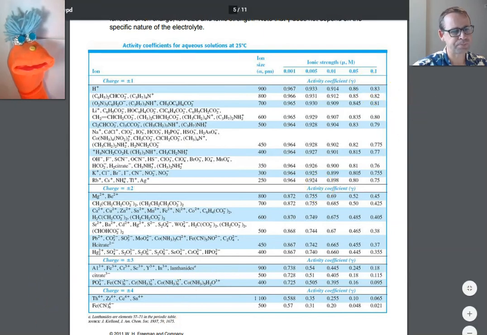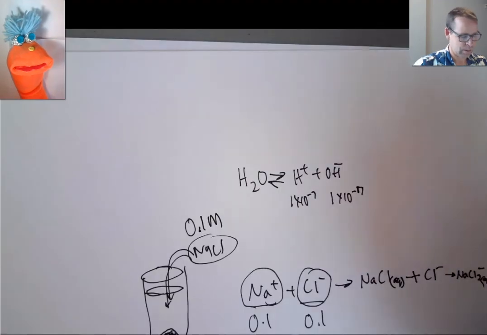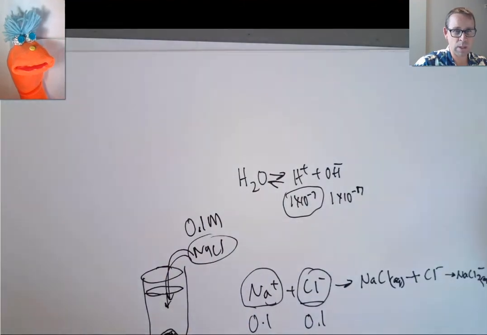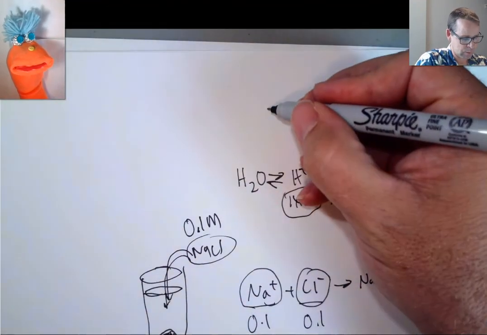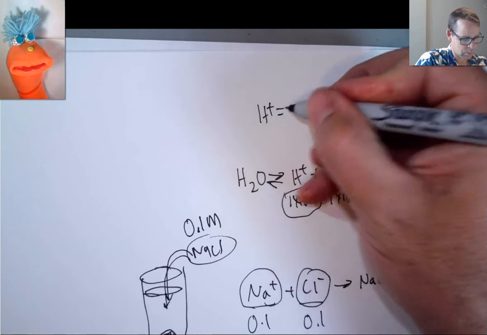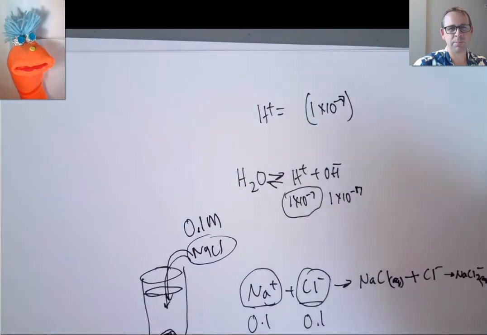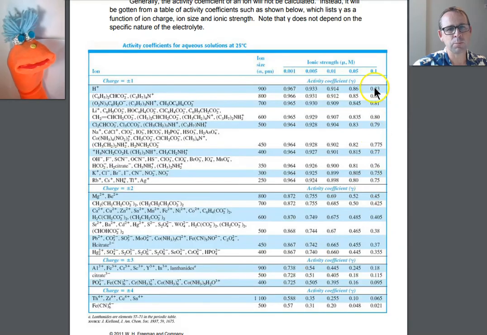So my H plus ion concentration, 1 times 10 to the minus 7, has to be tamed by our activity coefficient, which is 0.83. The hydrogen ion's activity coefficient at this ionic strength, 0.1, is 0.83.